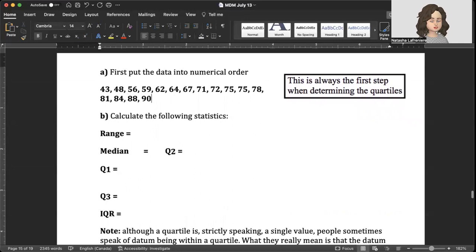Okay, so calculate the following. So our range is 47. If we go from 43 to 90, that is our range.